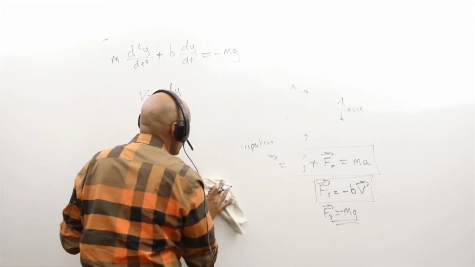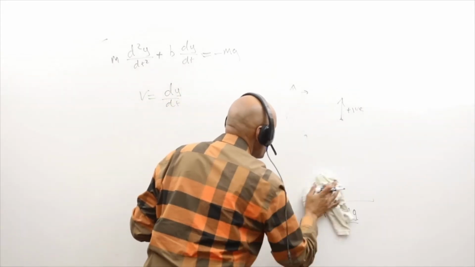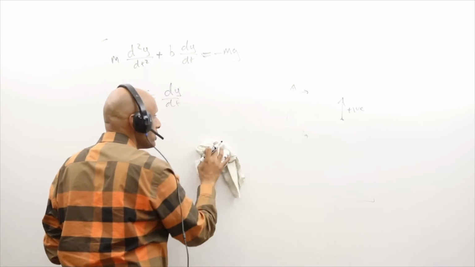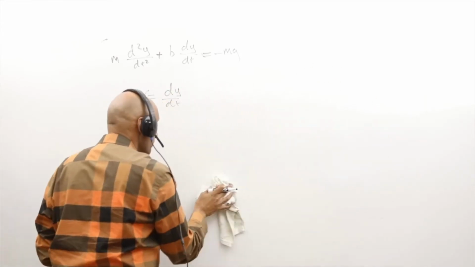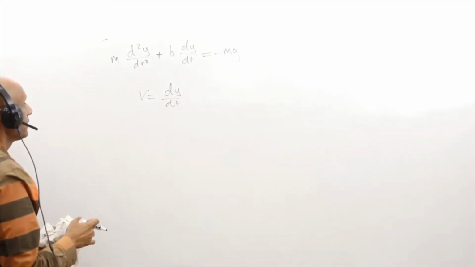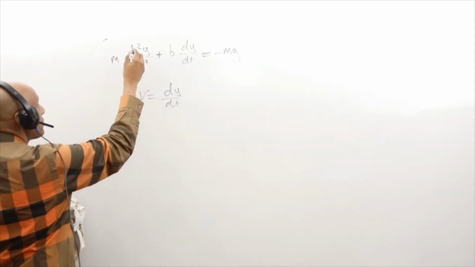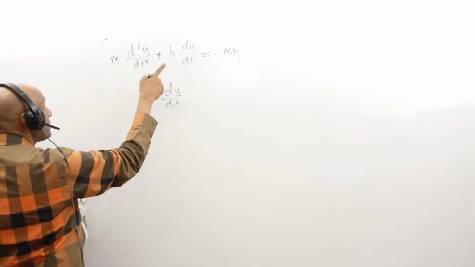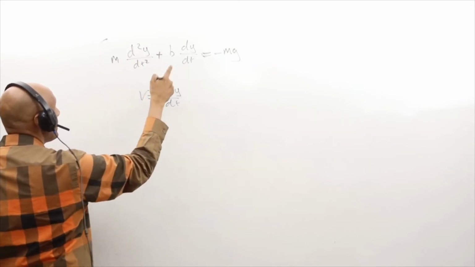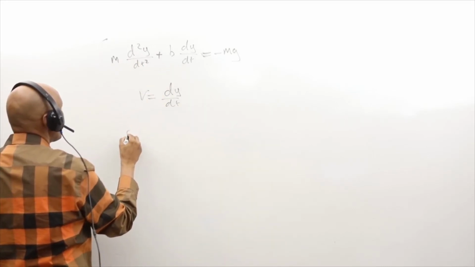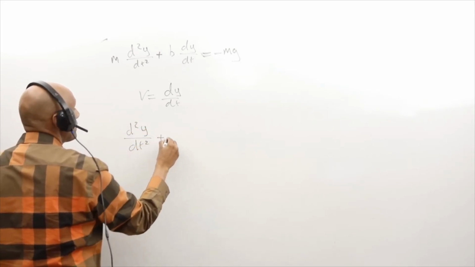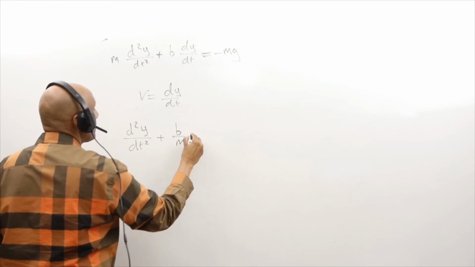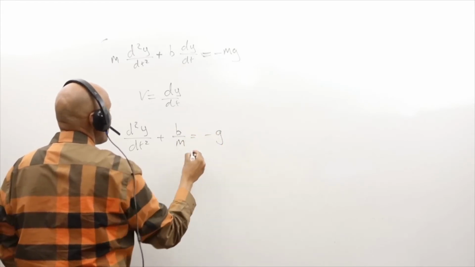And I also want to show a general form of second-order differential equation that you're going to see a lot in analytic mechanics or classical mechanics. So I'm going to divide by m first.